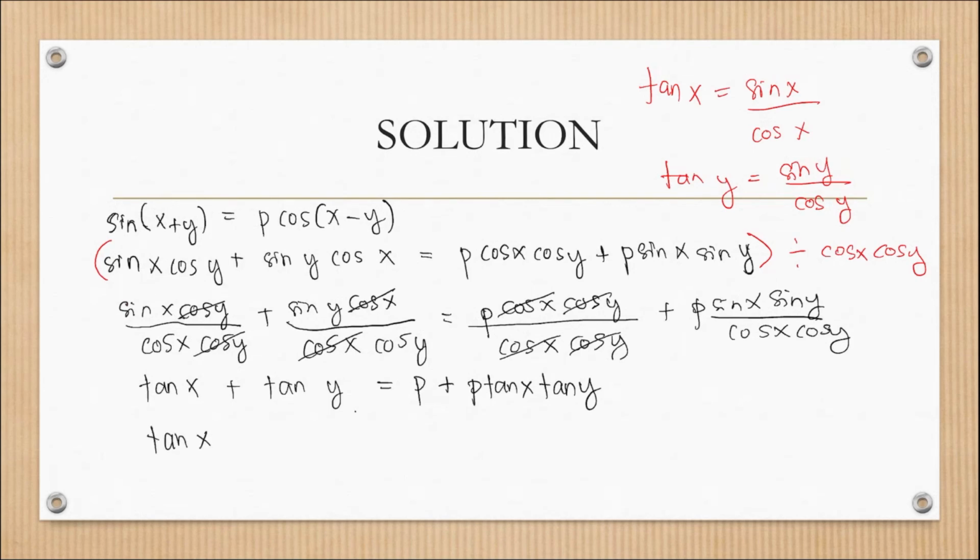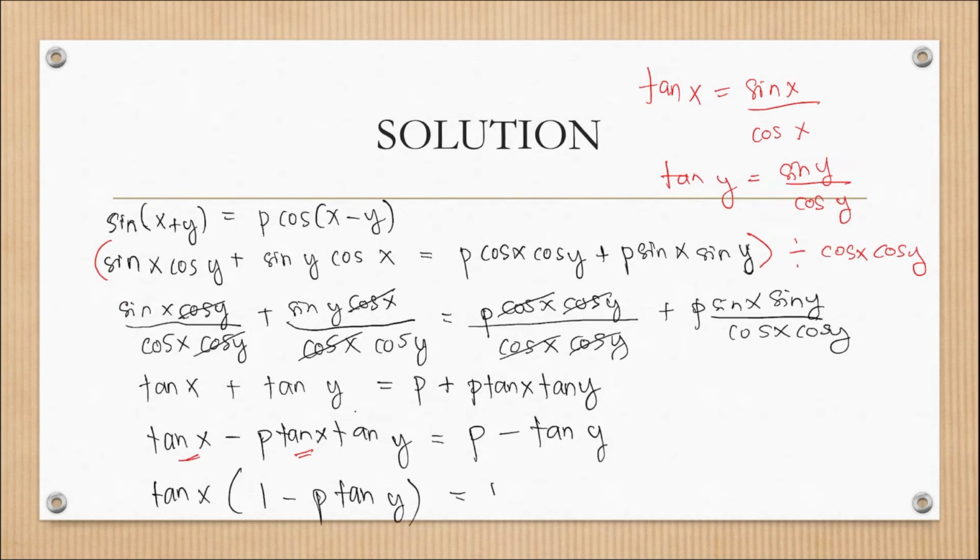Now the next step is to collect tangent x on the left side. So tangent x minus p tangent x tangent y equals p minus tangent y. And then if you see on the left side, we have tangent x minus p tangent x tangent y, which means we can factor out tangent x.